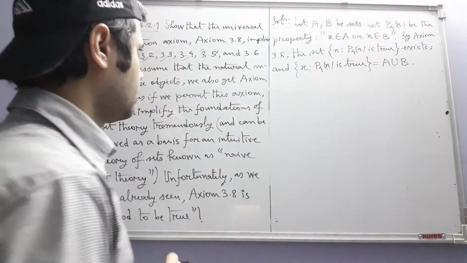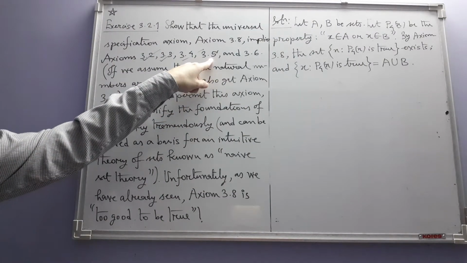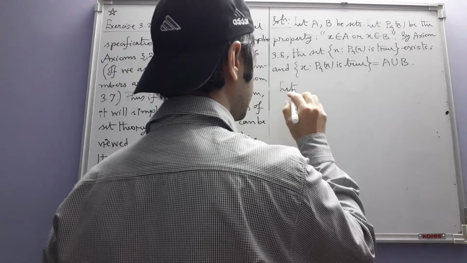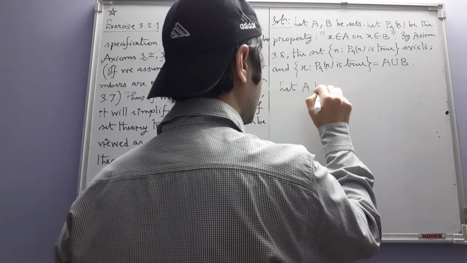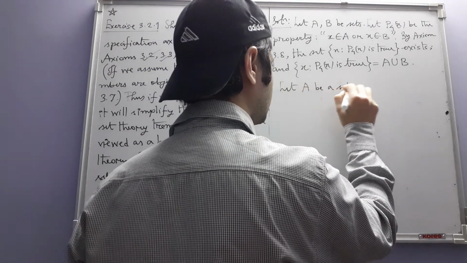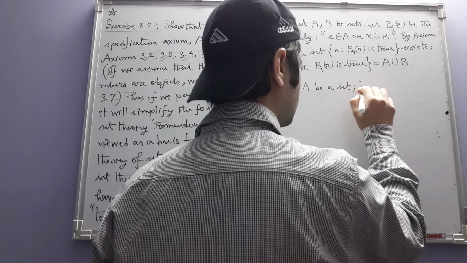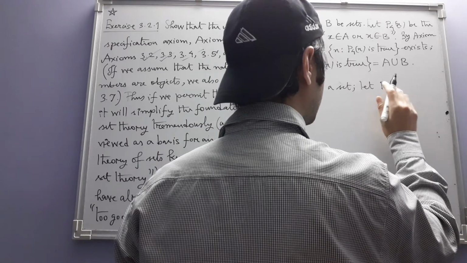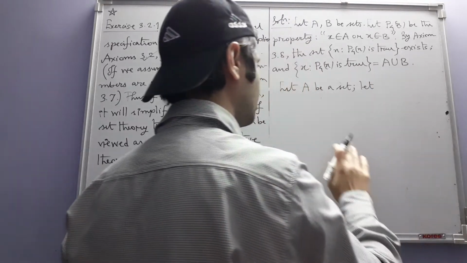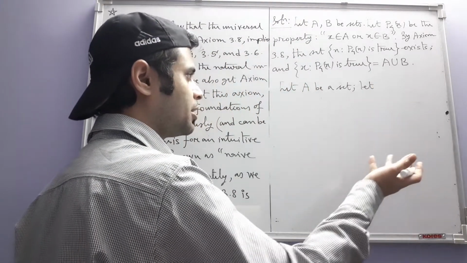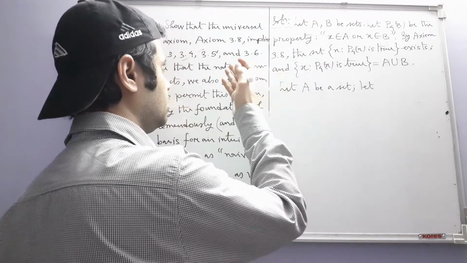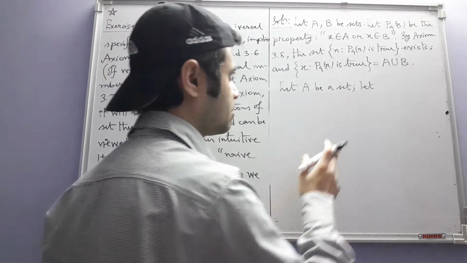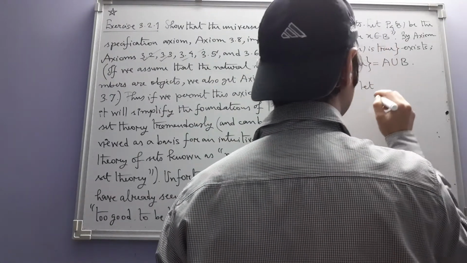Then we come to the axiom of specification. For that we first need a set. Let A be a set. Let P, okay, since we already have a property here as in the statement of axiom of specification itself, let's just call it something else.